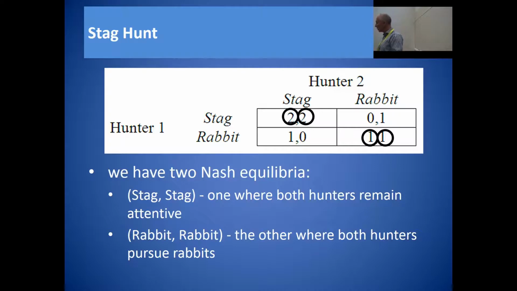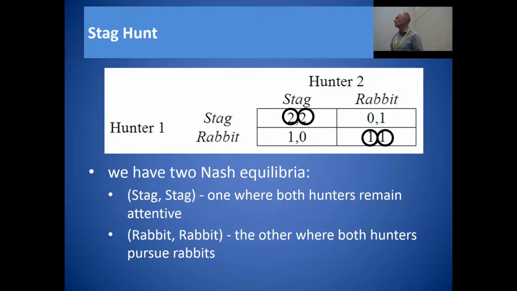There are 2 Nash equilibria: here, where they both pursue the stag, and here, bottom right, where they both pursue the rabbit.